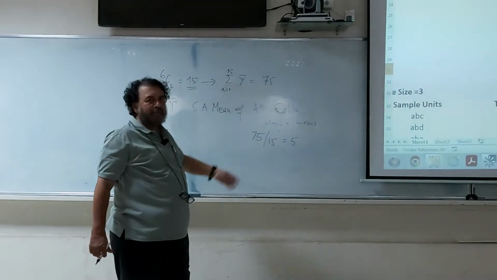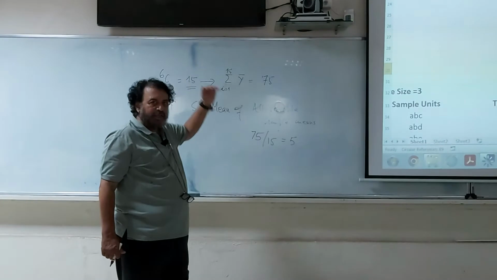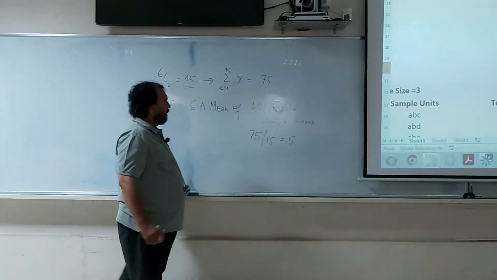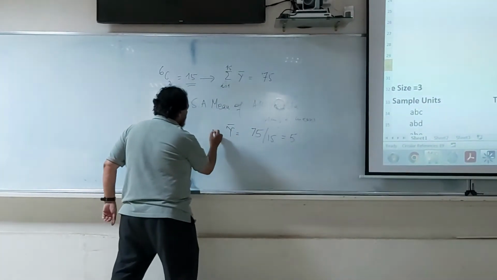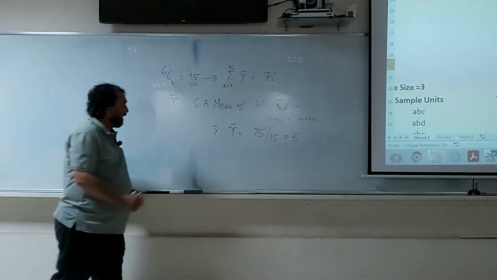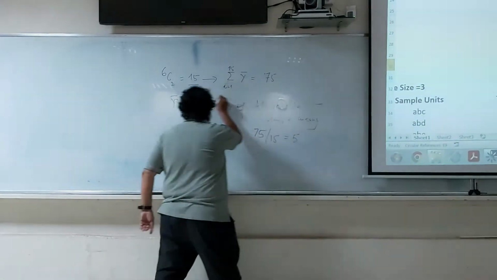The mean of all possible samples of a given size drawn from the same population. If I take the mean of all possible sample means, it is equal to the population mean. That means capital Y bar is the same thing as the mean of all sample means. And it is this property which is a very critical property.